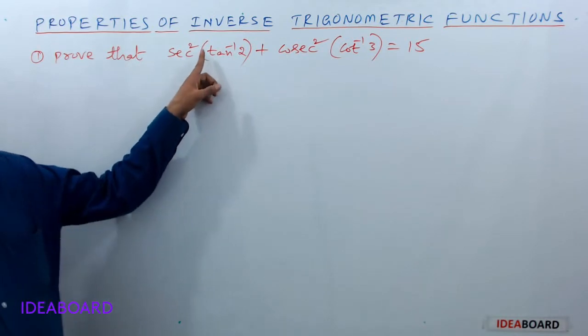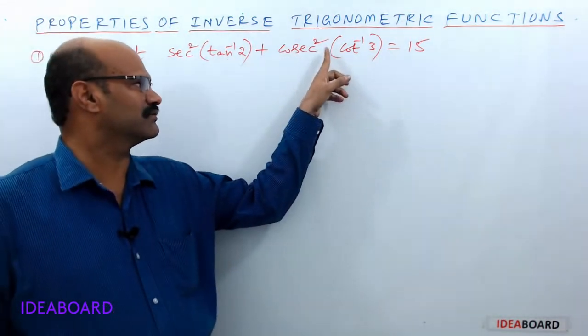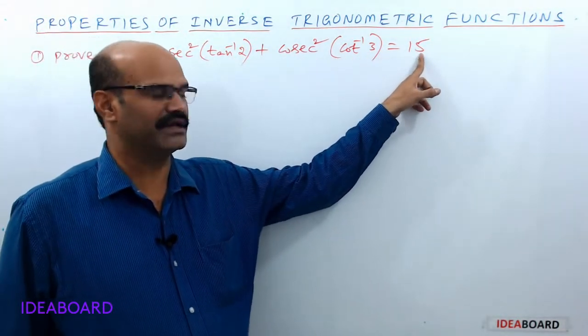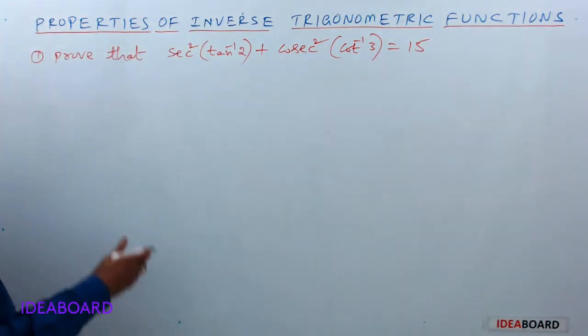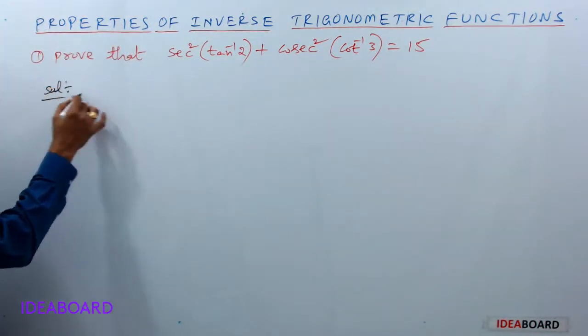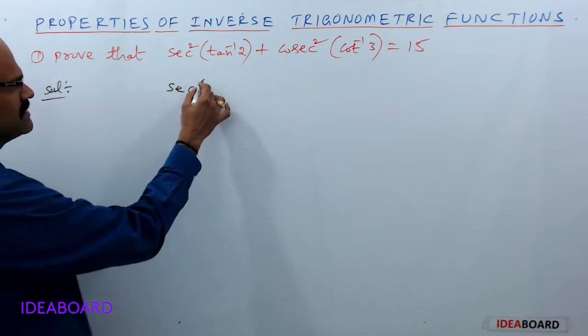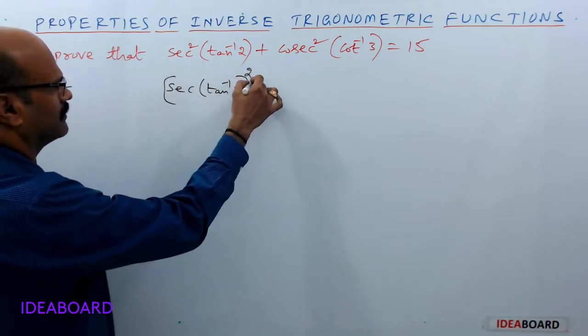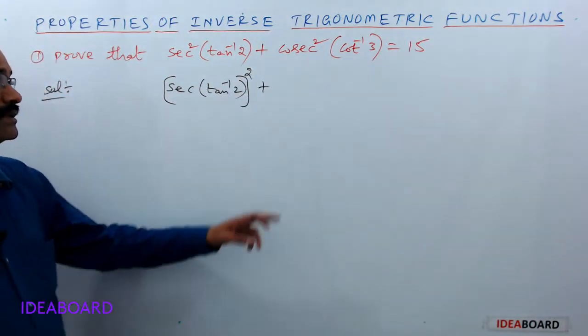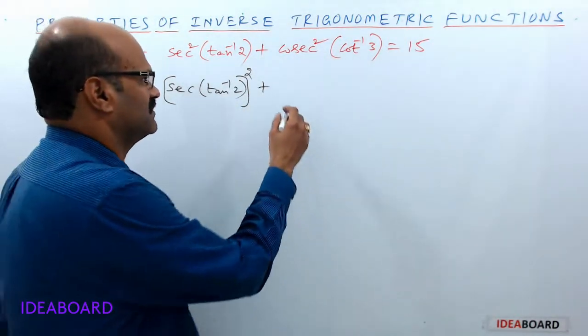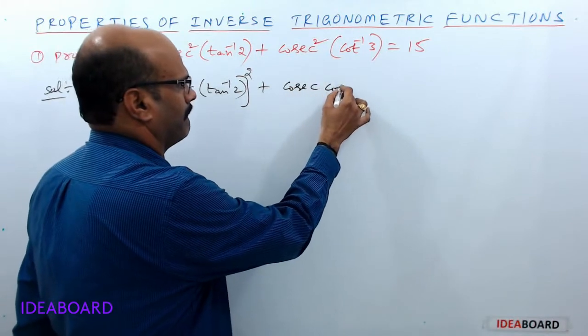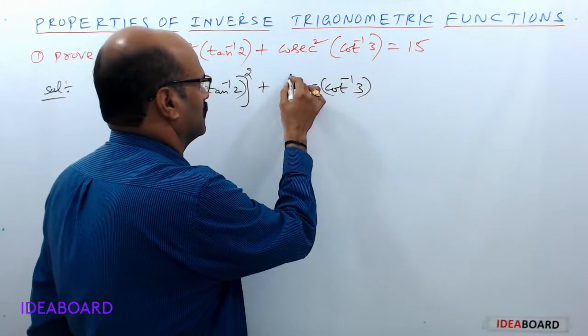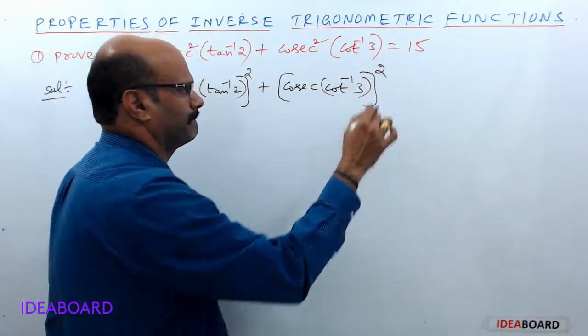Prove that secant square of tan inverse of 2 plus cosecant square of cot inverse of 3 equal to 15. To prove it, first we take secant of tan inverse of 2 whole square plus cosecant of cot inverse of 3 whole square.